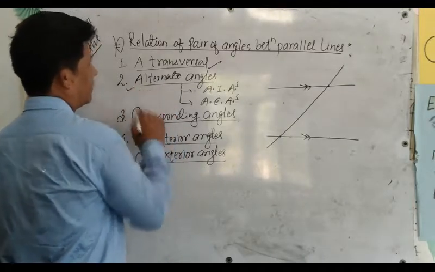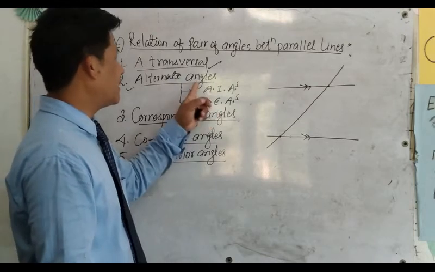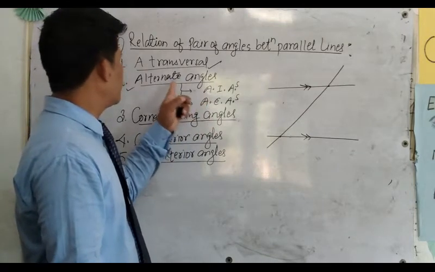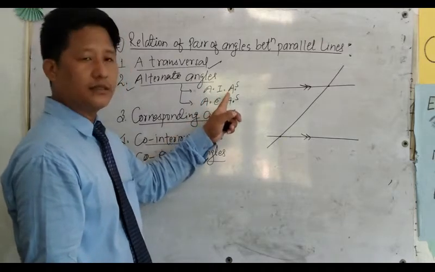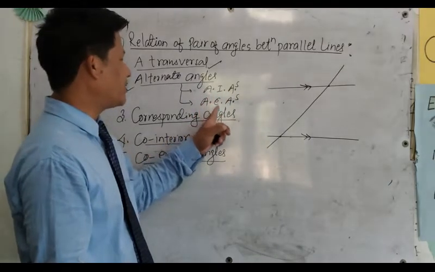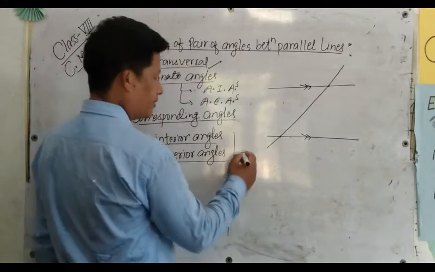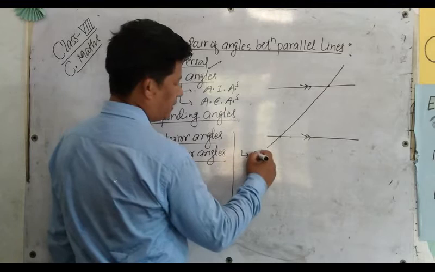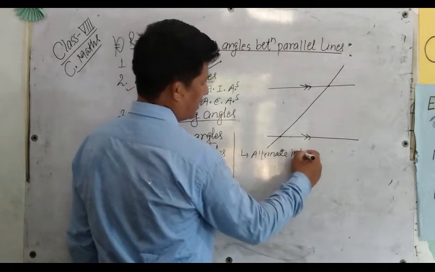Let's talk about the alternate angles. There are two types of alternate angles. One is alternate interior angles and another is alternate exterior angles. Yesterday we talked about alternate interior angles.